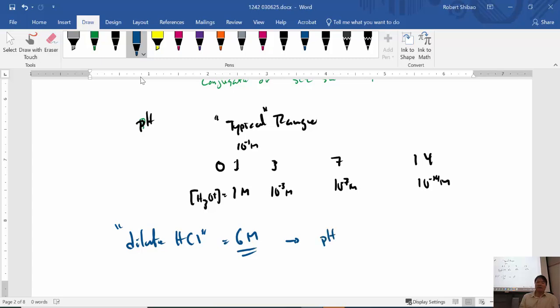The pH is equal to the negative log of, let's say this, you know, HCl is a strong acid. Strong acids do what? Dissociate completely. So this is 6 molar H plus. So we're just going to throw in 6 here. What's the negative log of 6?